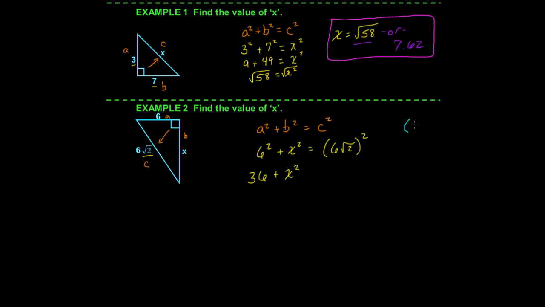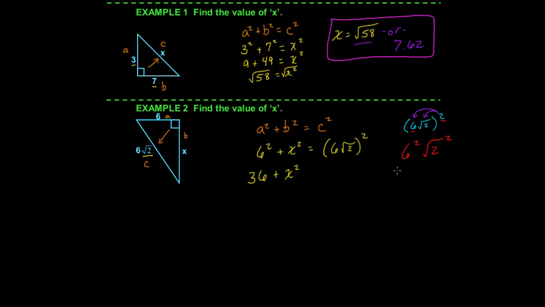We have our parentheses, a 6 square root of 2 squared. Now, when working these, we will take this 6 and this square root of 2 and square both of them before we multiply together. So it's going to be a 6 squared times a square root of 2 squared.